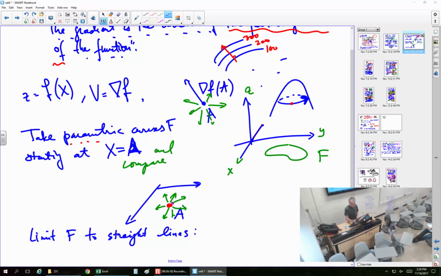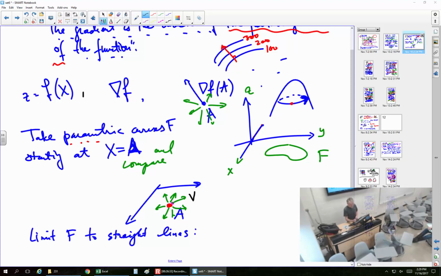So suppose, let me delete this. Suppose we pick a vector v, and then we just have a parametric curve in that direction. So v will be our direction vector.